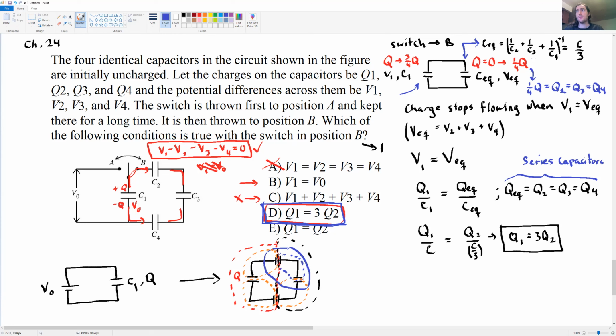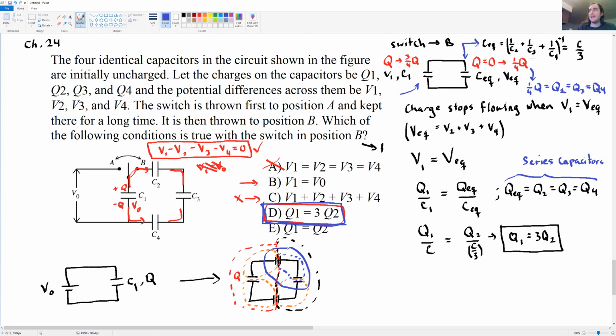And also something that we've noticed but we haven't shown yet, and we're going to show that, is that charge is going to stop flowing as soon as the voltage on capacitor 1, V1, is equal to VEQ.